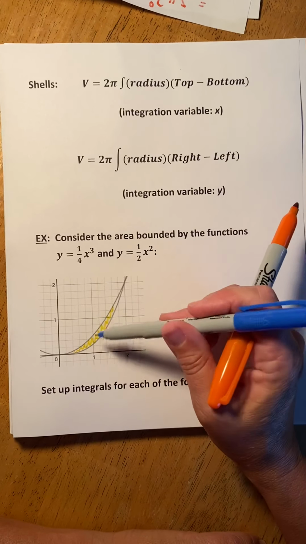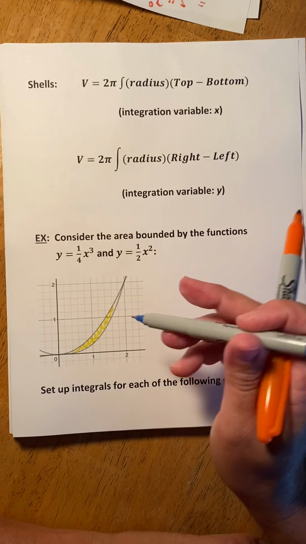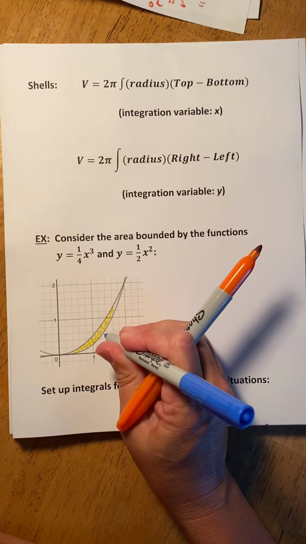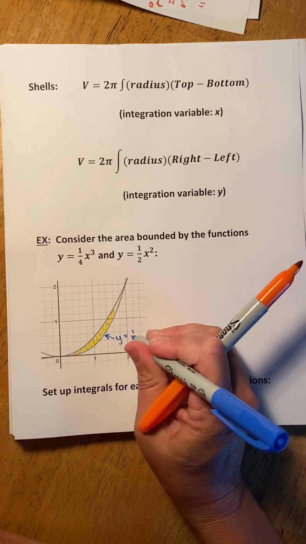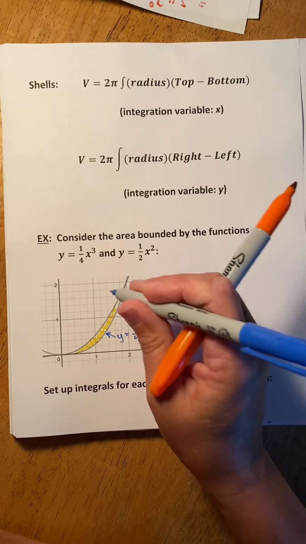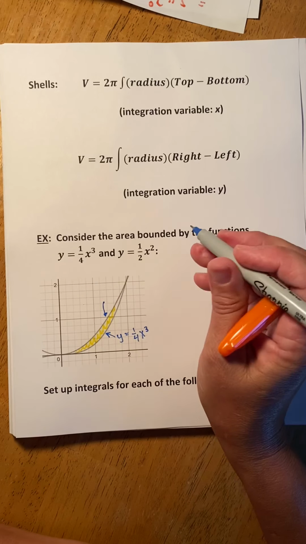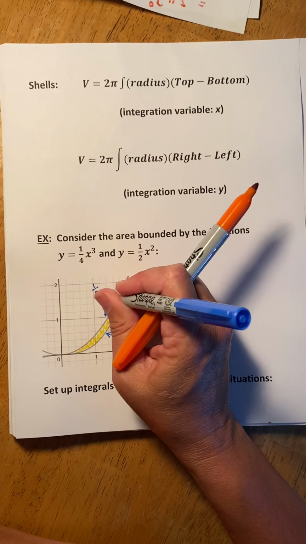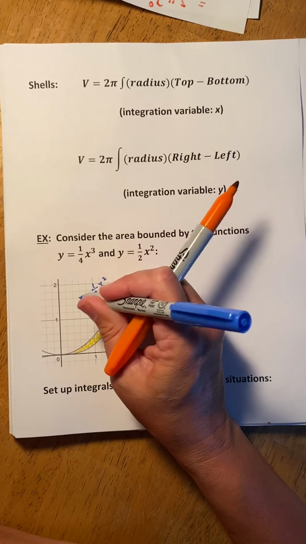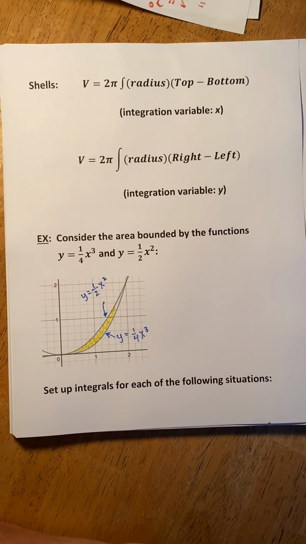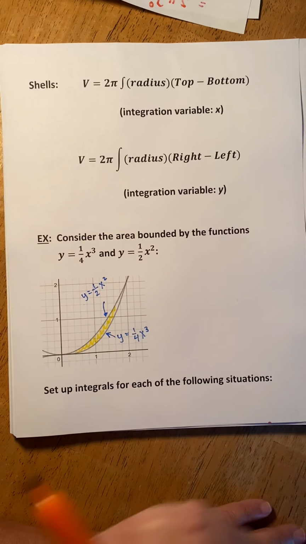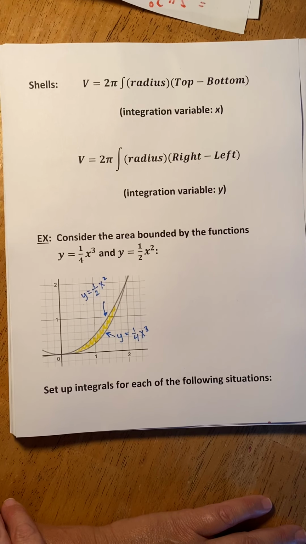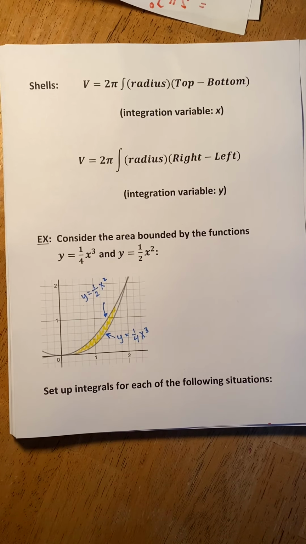Well, if I put 1 into the first one, I get 1/4, and if I put 1 in here, I get 1/2. So I know that this must be 1/4 x cubed, and then the one on top must be 1/2 x squared. This is really kind of nice because we can do either top to bottom or right to left. This lends itself nicely either way, but we're going to set up all 4 scenarios.